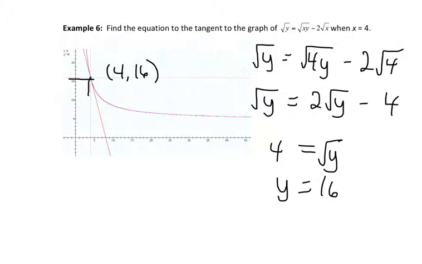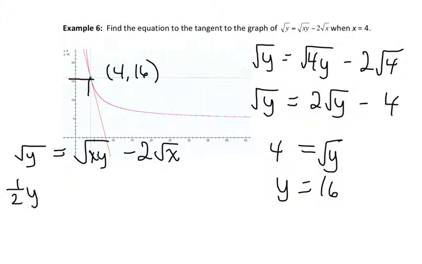So we have an x and a y, and now we need a slope. To find our slope, we're going to do the derivative. So we've got root y equals root xy minus 2 root x, half y to the negative half times the derivative.